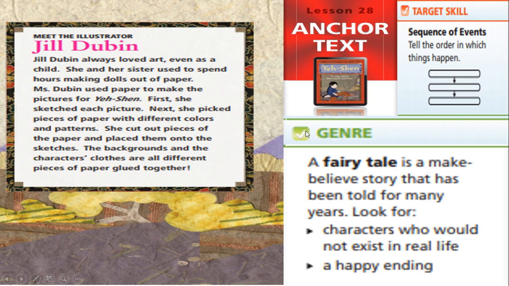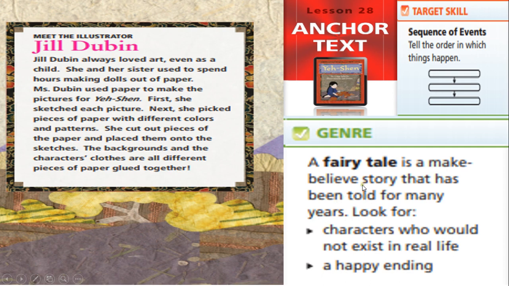Okay. Again, kids, remember the target skill is sequence of events: what happens at first, what happens later on, and what happened in the end. This story belongs to the fairy tale genre. What does that mean? A fairy tale is a make-believe story that has been told for many years.